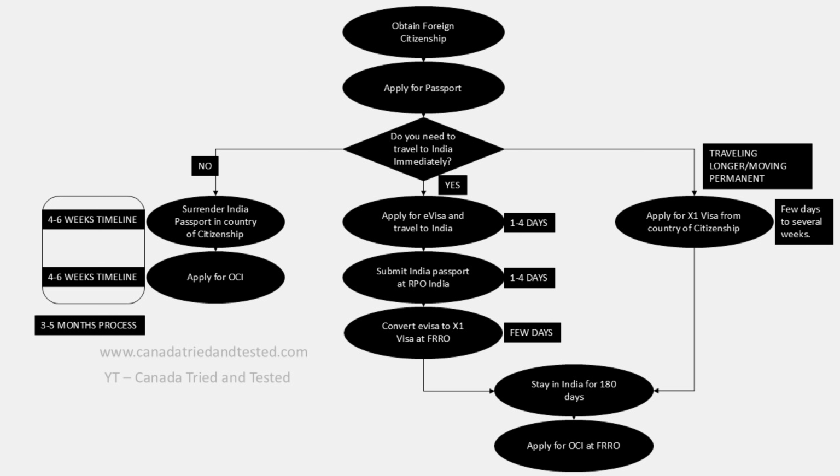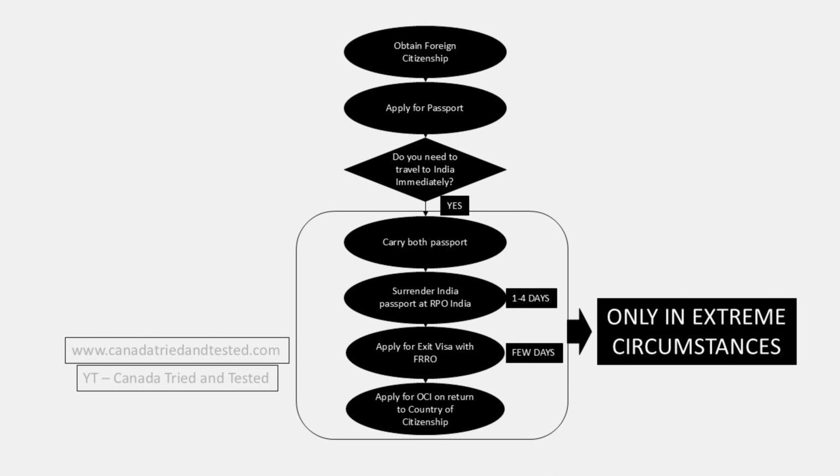This year, for a brief period, Canadian nationals were not getting any visa. It was for a very brief period, which I'm sure you would be aware of. There were a few people who had firm travel plans, but without applying for an e-visa, it was difficult for them to travel. In that case, they carried both their Canada passport and India passport.